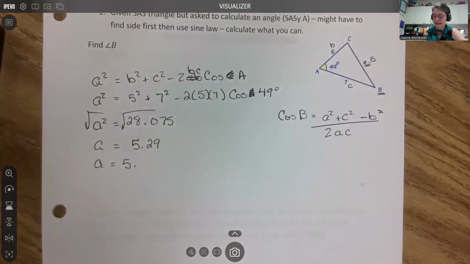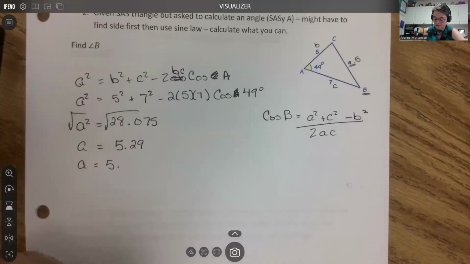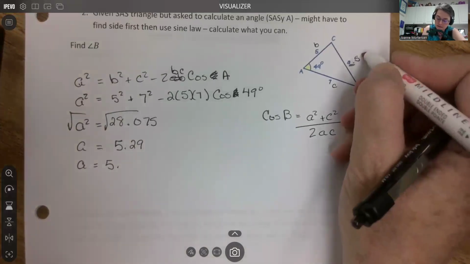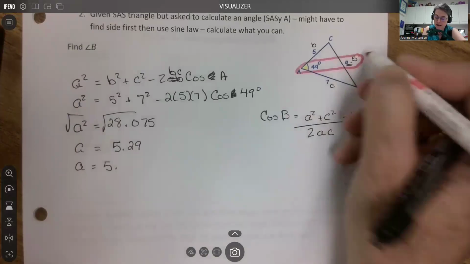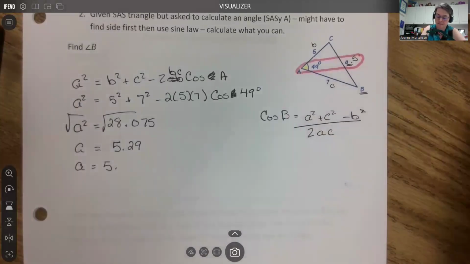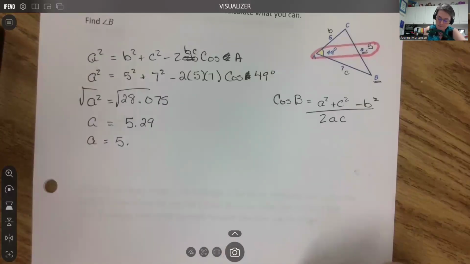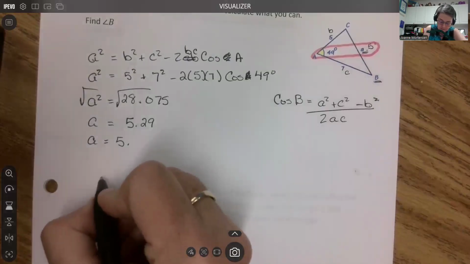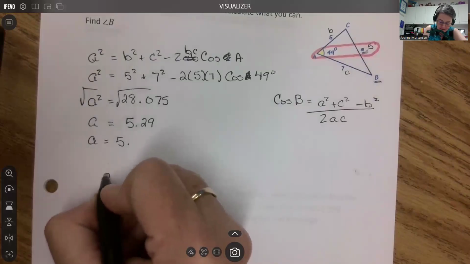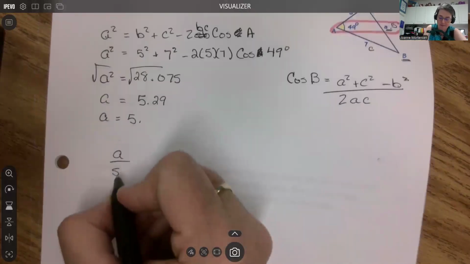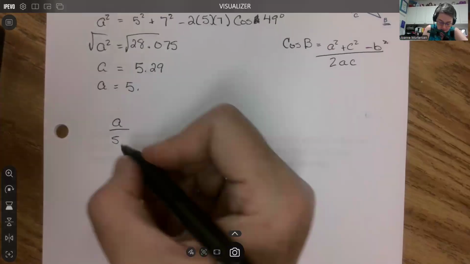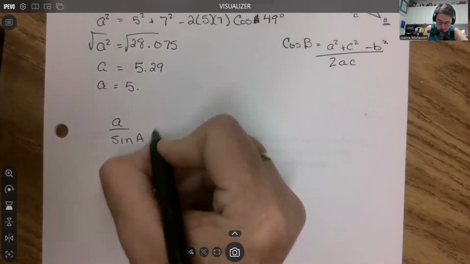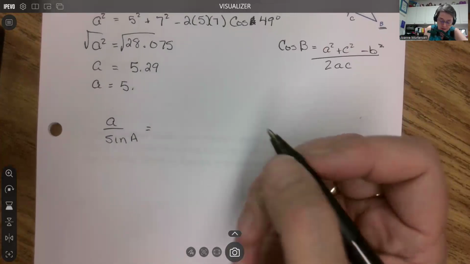And now, dun, dun, dun, I have a matching pair. I'm still trying to find angle B. Sorry, A. I'm thinking something in my head, and I'll share with you in a moment.